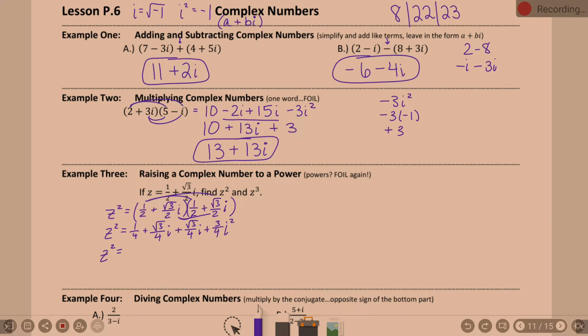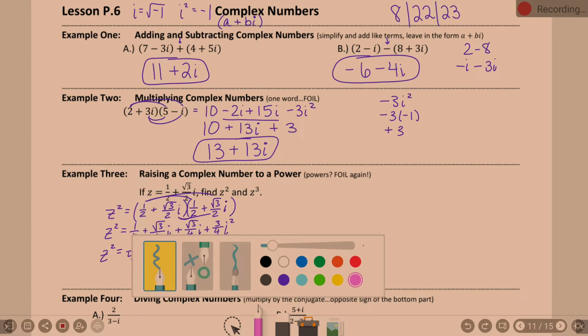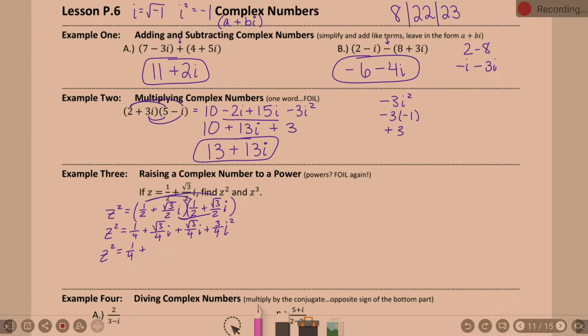Okay, let's see. For the moment, I'm going to leave 1/4 as 1/4. We'll come back and deal with that later. Square root of 3 over 4 i plus square root of 3 over 4 i. What's that add to be? 3/4.